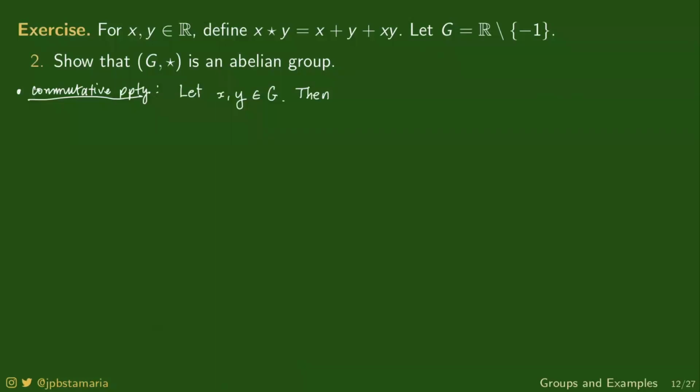If I evaluate x star y, I get x plus y plus xy. Because addition and multiplication are commutative operations in the real numbers, we can rewrite this expression as y plus x plus yx. Now, the resulting expression is simply y star x. Do you agree? So therefore, we can conclude that star is a commutative binary operation.